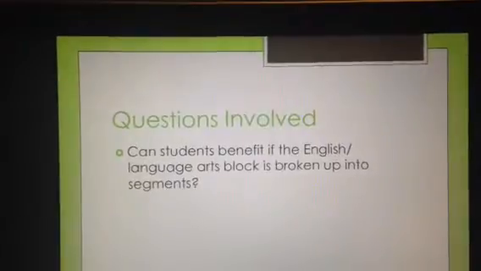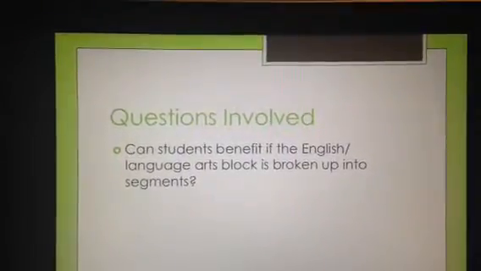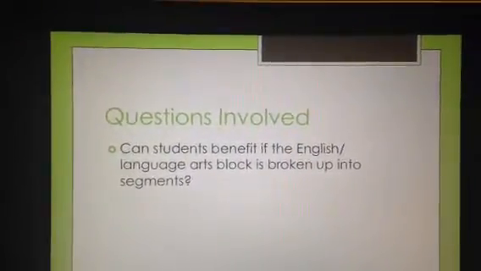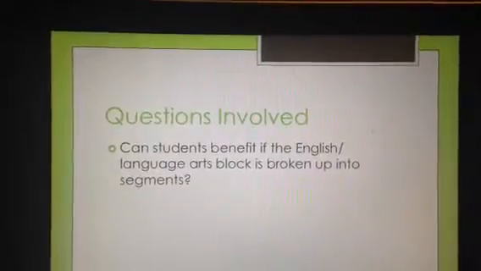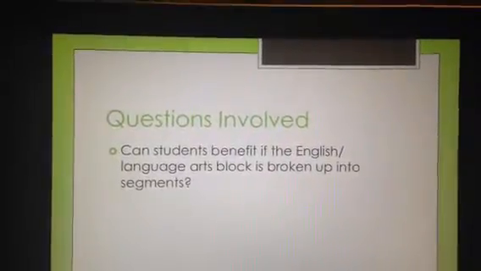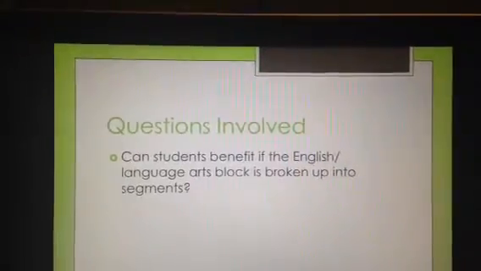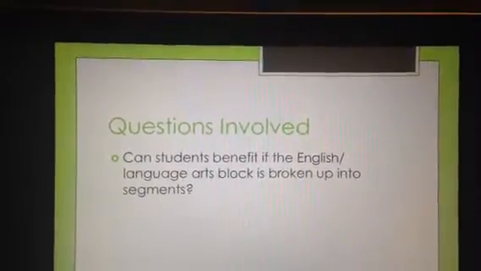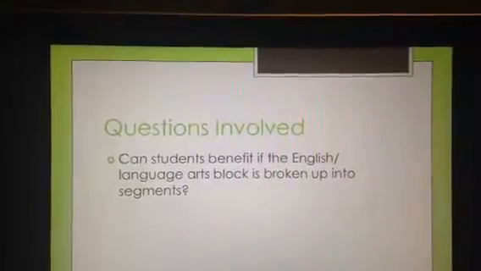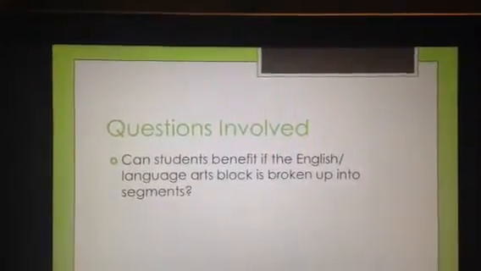Then, the English Language Arts teacher will be teaching a second class and breaking the English Language Arts block into different segments. The researcher will be using both quantitative and qualitative data to conduct research. Quantitative research is either experimental or non-experimental.